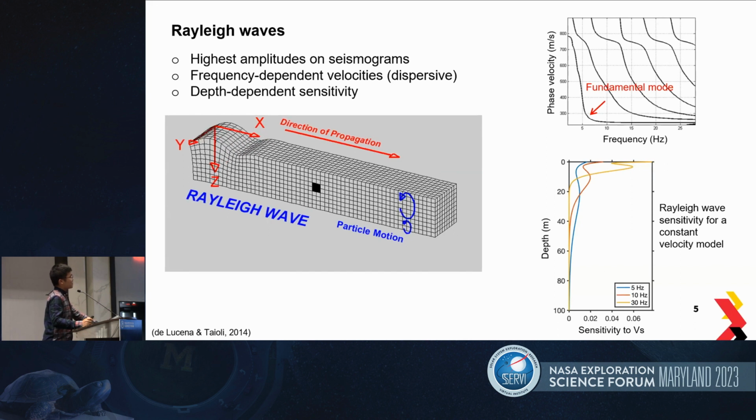The first curve, or the fundamental mode of the dispersion curve, is typically used for data inversion. Different frequencies of surface wave penetrate to different depths. For example, as the kernel in the bottom right figure shows, lower frequencies go to deeper depths. So based on that information, we can invert for velocity structure as a function of depth.